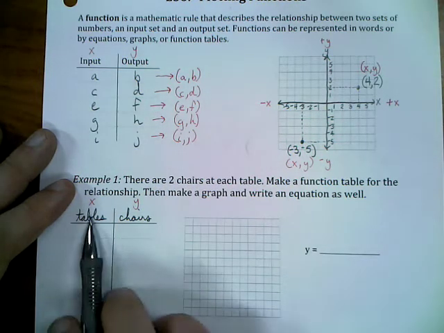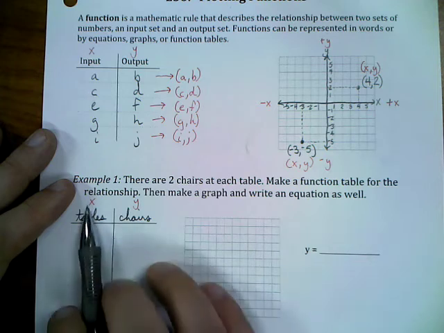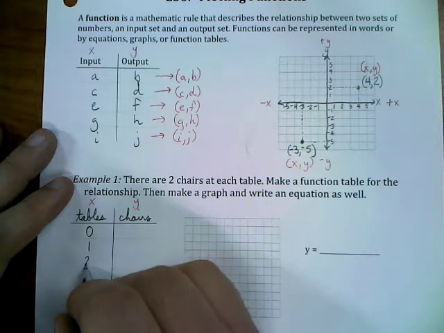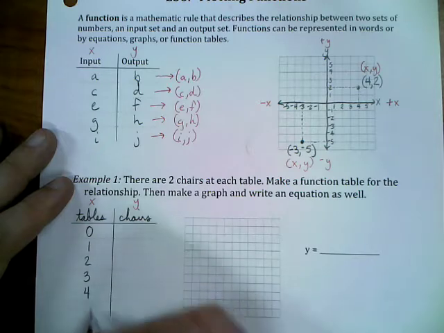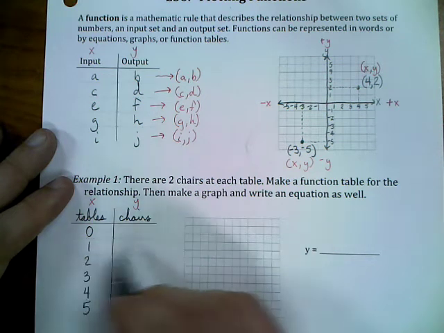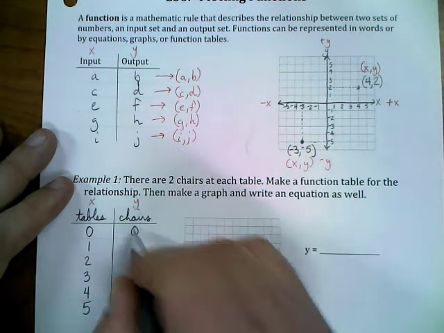Now if we consider our input set here, what could the number of tables be? Well, you could have 0 tables. You could have 1 table, 2 tables, 3 tables, 4 tables, or even 5 tables. So then from here, if I have 0 tables, that will be 0 chairs.